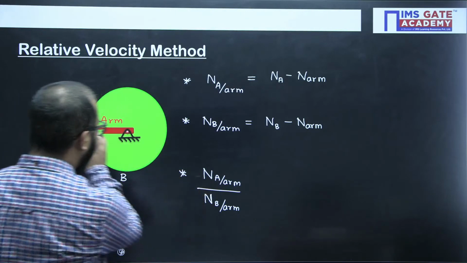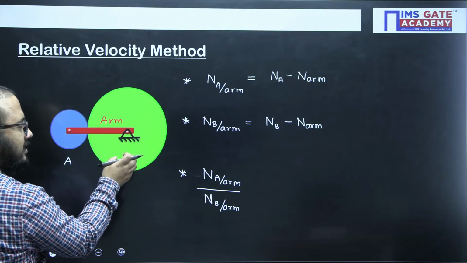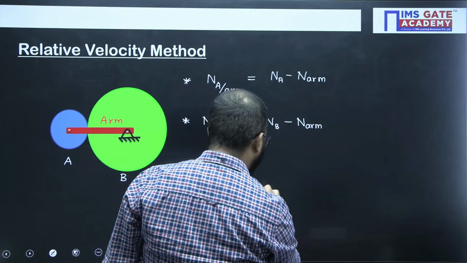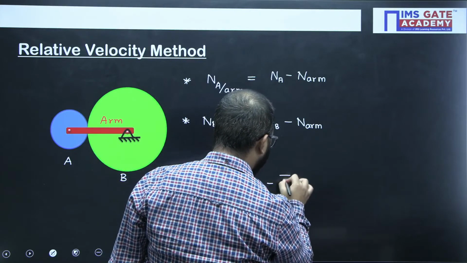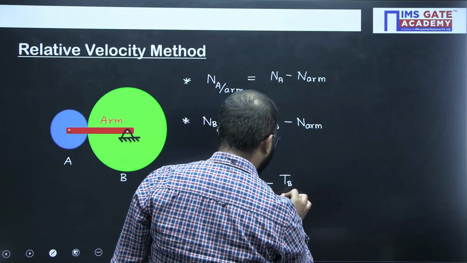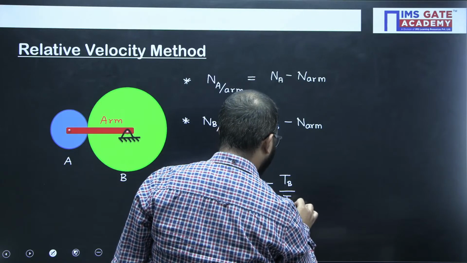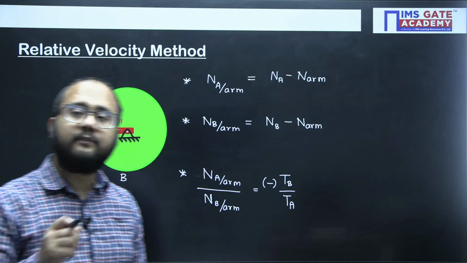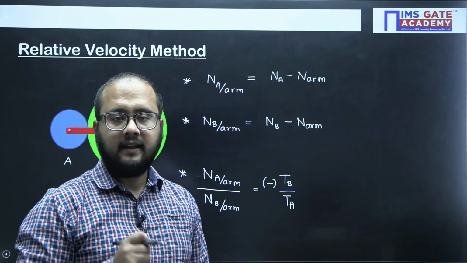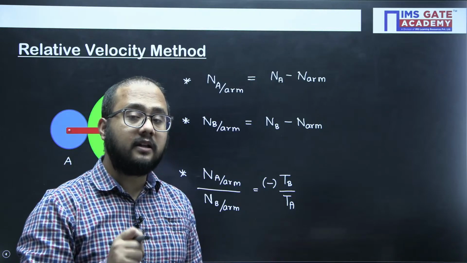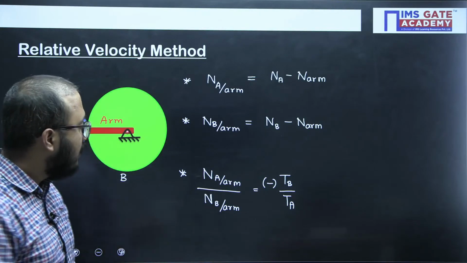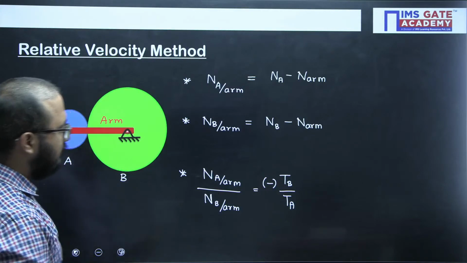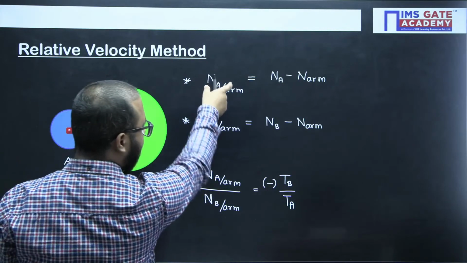So speed of A with respect to arm and B with respect to arm. As I know A and B are in meshing, I will write down the velocity ratio like this: TB by TA. Again, why the minus sign? Because of external meshing, the sense of rotation will be opposite. I hope it is clear to everyone. Now, if we have written this relation, what will I do now? I will put the values of this one and this one in this equation.